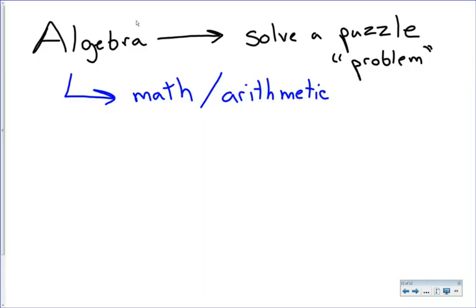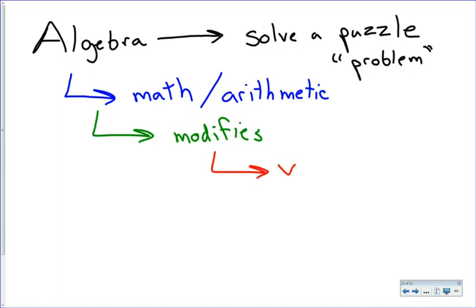Yes, but it then modifies that language so that it's a little more improved mathematically to deal with the puzzle solving. And the biggest addition to how it modifies it is to add this idea of a variable, or the thing that's unknown.